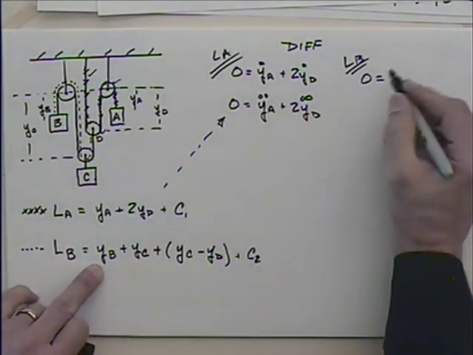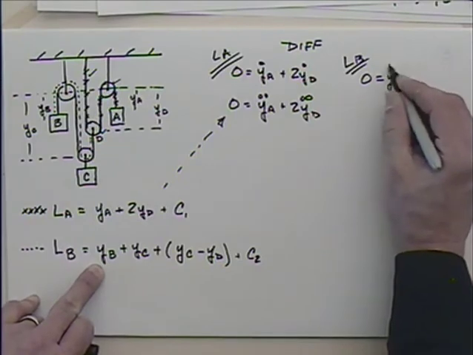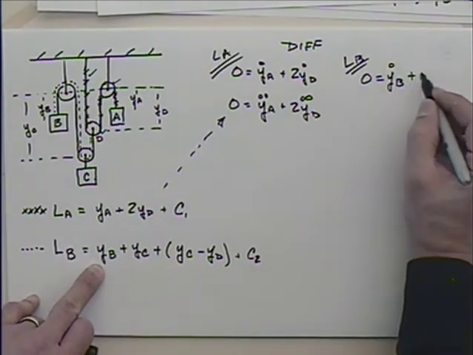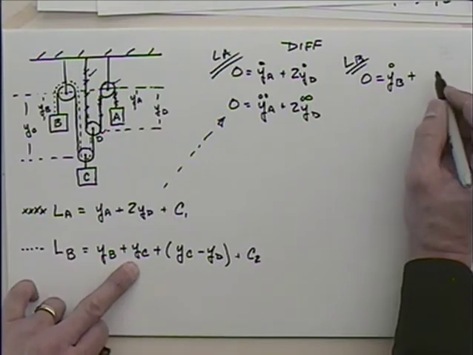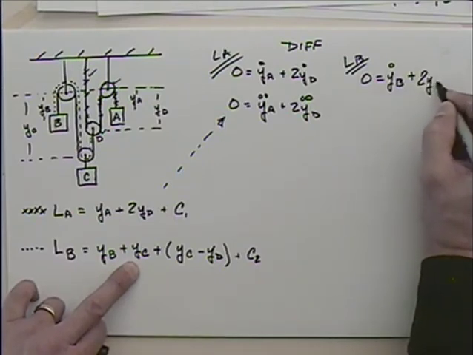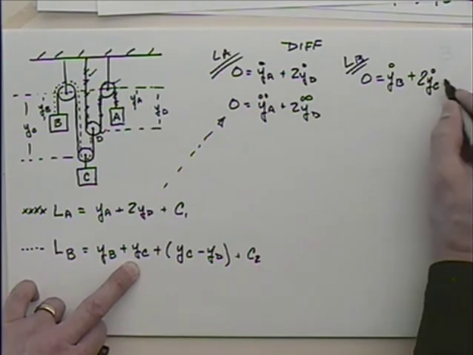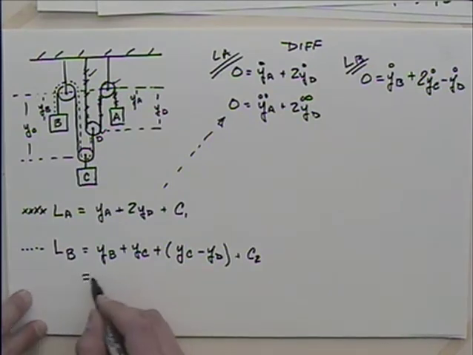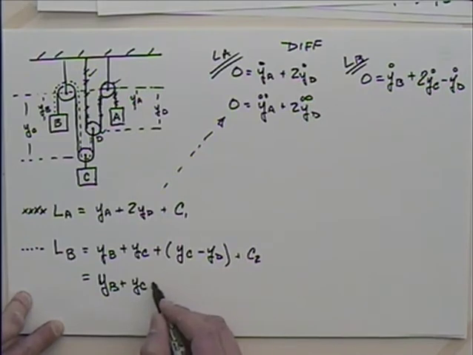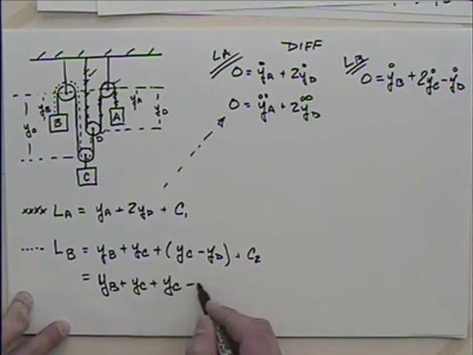Y sub B dot plus, what am I going to have? 2y sub C dot minus y sub D dot. Doesn't mean you could write this as y sub B plus y sub C plus y sub C minus y sub D.